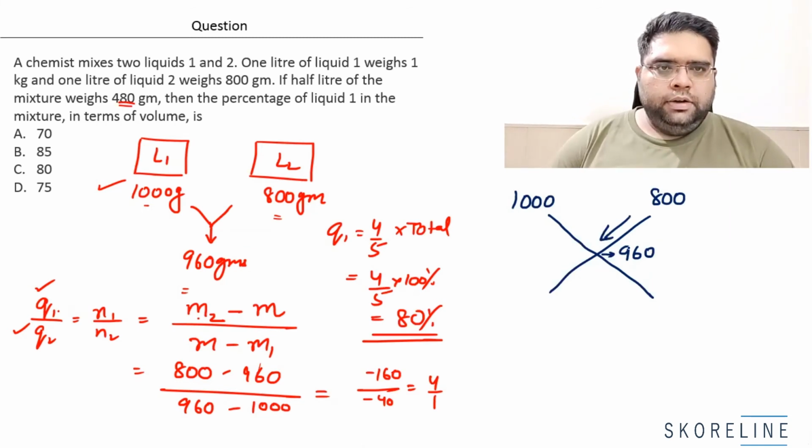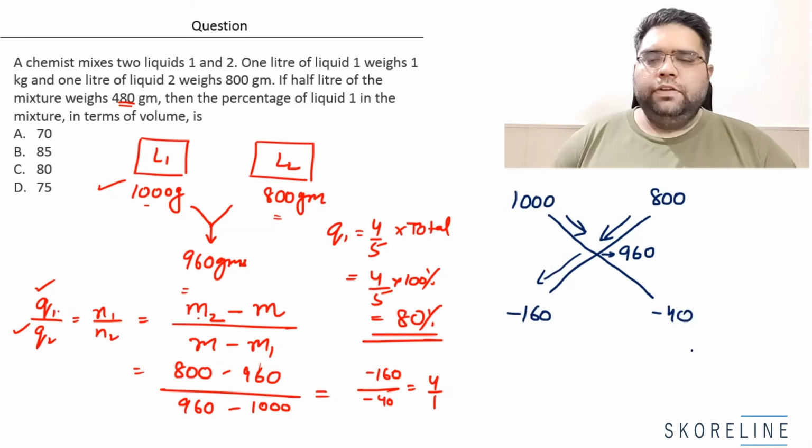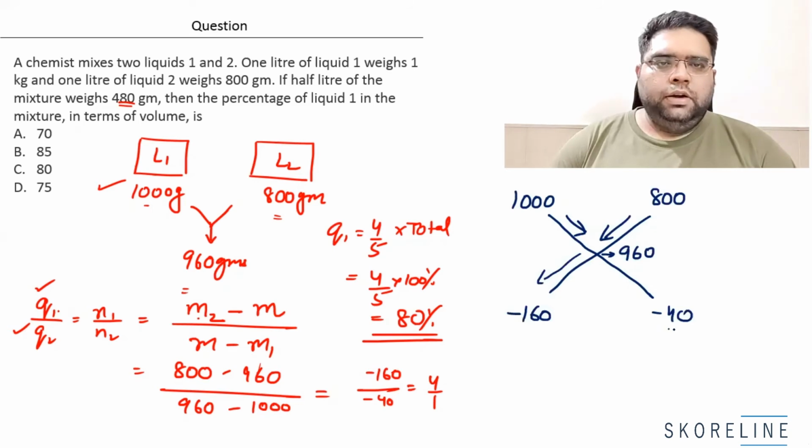Now, here subtract 960 from 800, right? It would be minus 160. Here, subtract 1000 from 960. It will be minus 40. You could do the reverse as well. You could subtract 800 from 960 and then subtract 960 from 1000 here, right?